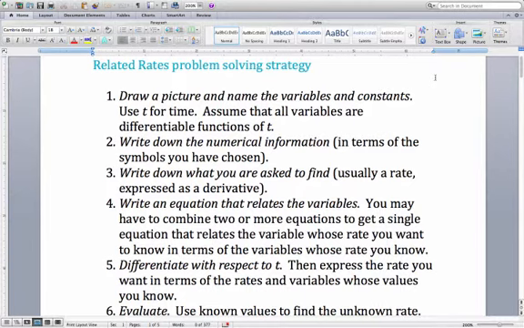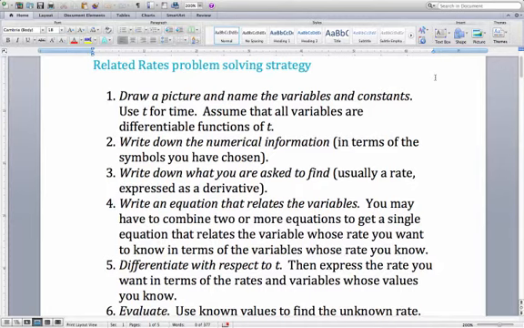Much like optimization problems, related rates problems, now we're going to introduce implicit differentiation. When you are differentiating with respect to a variable that's not in the problem, you have to attach a d variable.